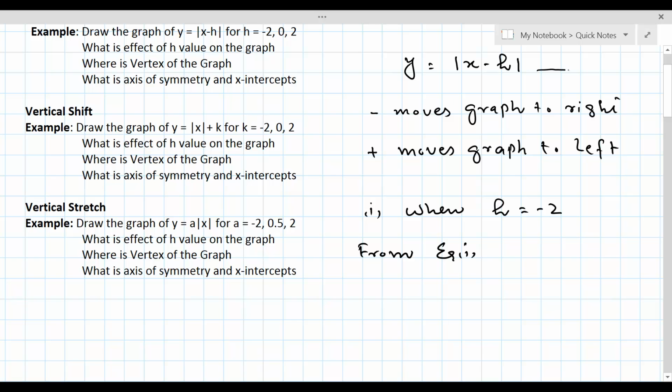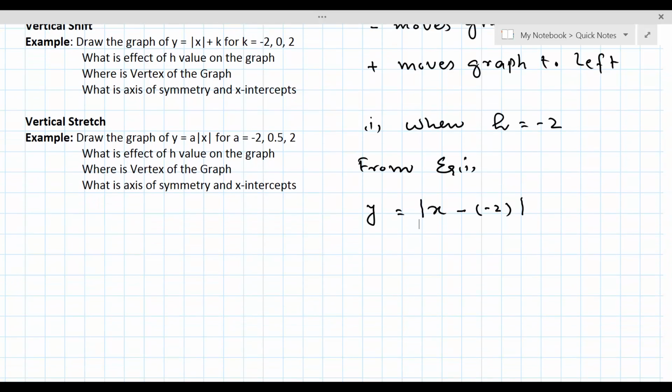So let's call this 1. y is equal to mod of x minus negative 2 means that negative times negative is plus, and here we have x plus 2. This plus sign indicates that the graph will move toward the left by how many units? By 2 units. So this plus 2 means the graph moves to the left by 2 units.